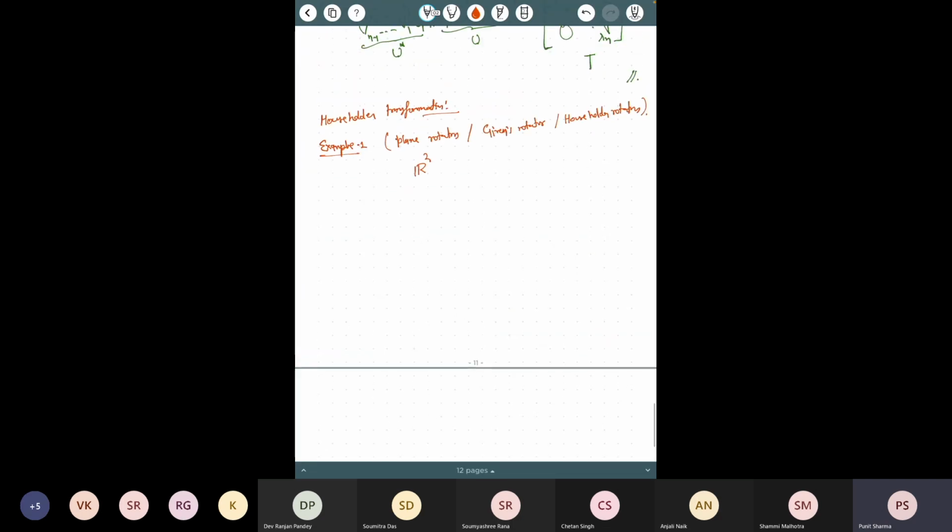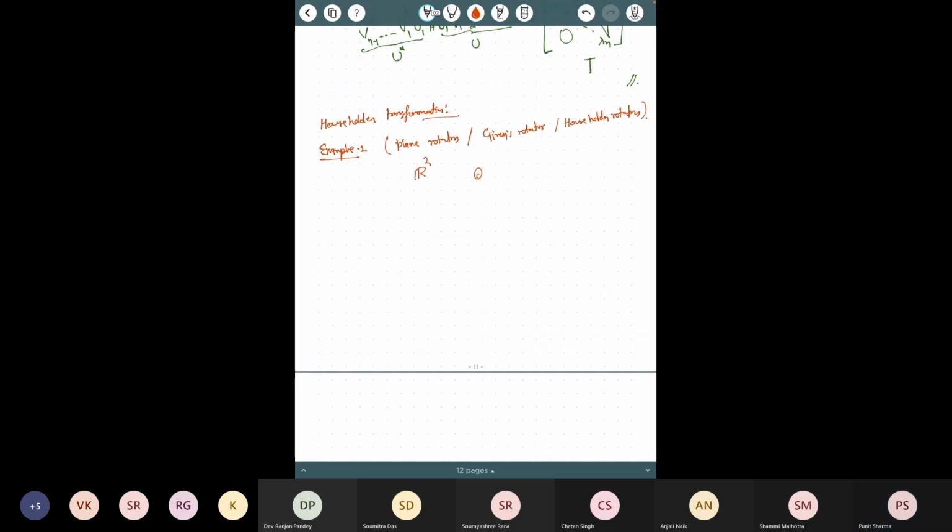So if you choose this Q matrix, say cos theta, minus sine theta, sine theta, cos theta, and apply this Q star or Q transpose on a vector x1, x2, then the resultant vector y1, y2 would be a rotation of the vector x by an angle theta.